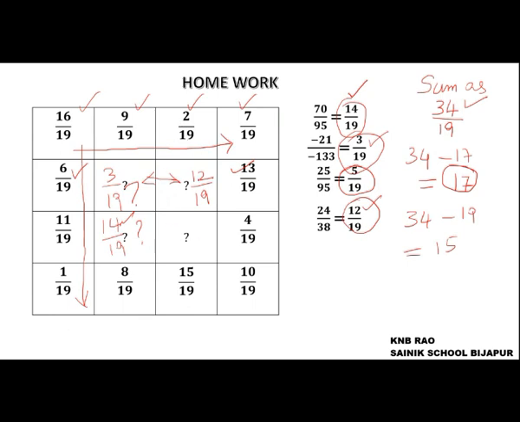Now 2 plus 12 is 14, 14 plus 15 is 29, and I am left with 5 by 19. So their sum is again 34 by 19. Next, let us take this row. 11 plus 14 is 25, 25 plus 5 is 30, 30 plus 4 is 34 by 19. Here also it suits.